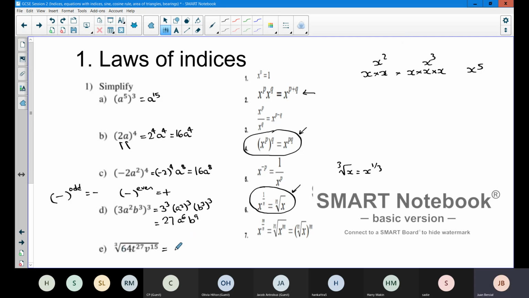And then the next one, we've got a cube root. So the first thing that we do, we use the sixth law. So we're going to write that as 64 to the 27 v to the power 15, and then because it's a cube root, we write it to the power of a third. So as soon as you see a root, you put that in the denominator.